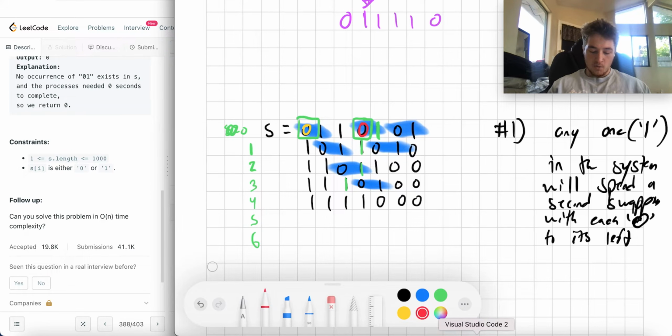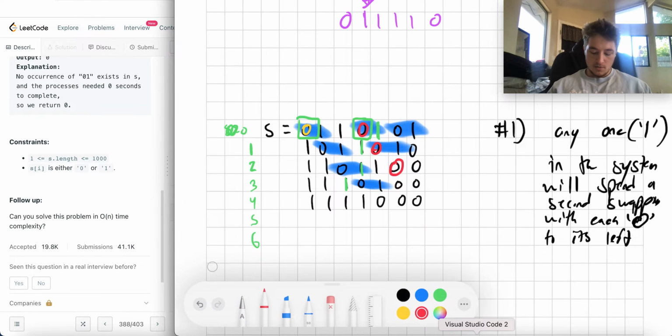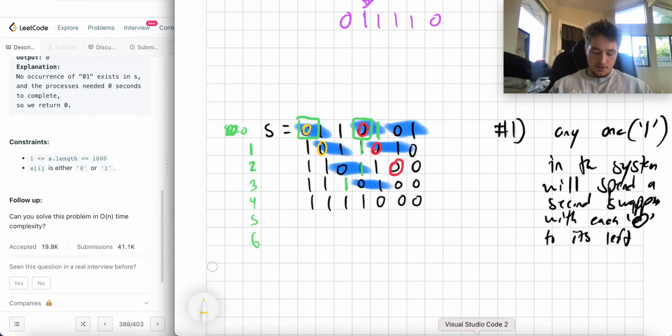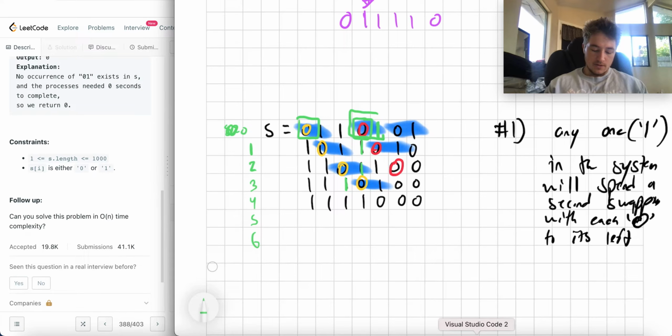And this red 1, well, it swaps here and here. And this yellow 1 swaps here, then here, then here. So you'll notice that for each of these 0s that this 1 swaps with, it swaps with the first 0 here, and it swaps with the second 0 here.